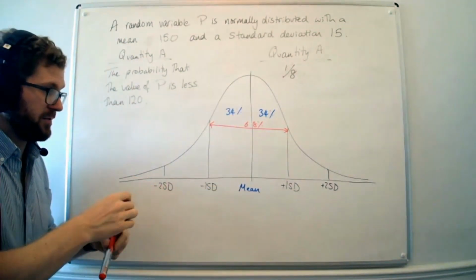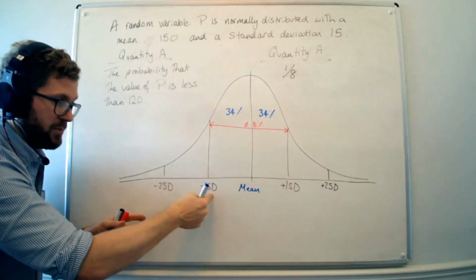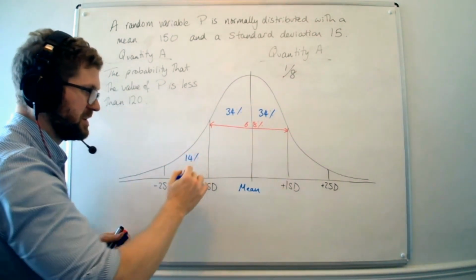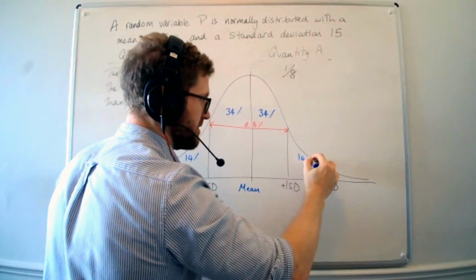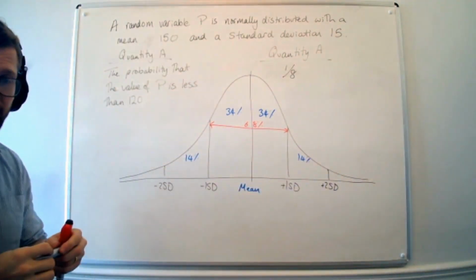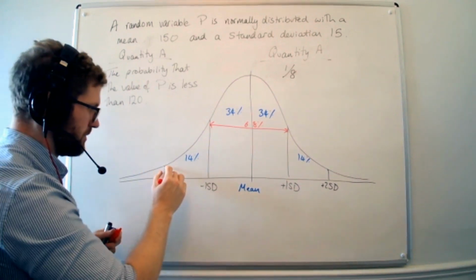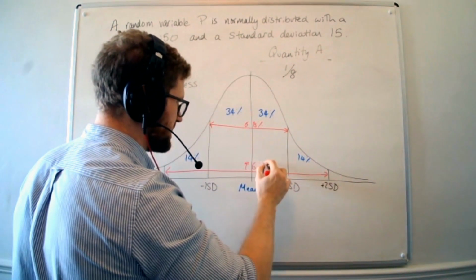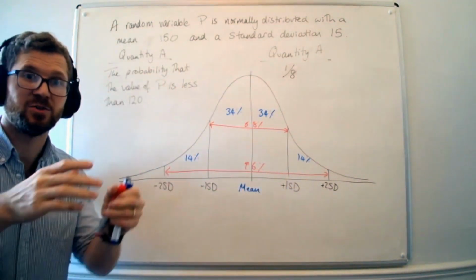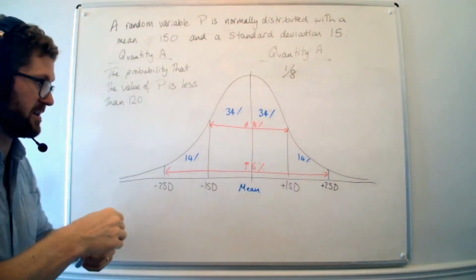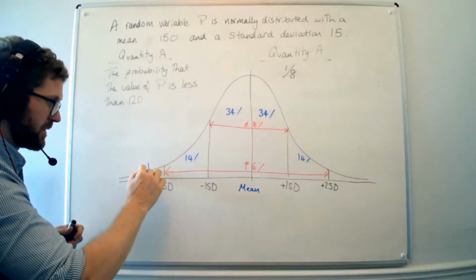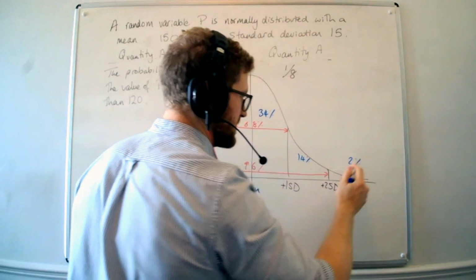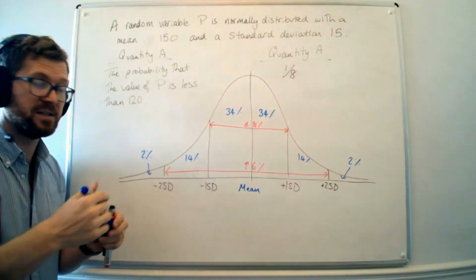Now we can go a little bit further. In this gap between one and two standard deviations out from the mean, I've got 14% of the data. And same on this side, 14% of the data over there, which means that in total, what the GRE wants us to work with is that 96% of the data is going to be within two standard deviations out from the center, which leaves us with 2% in each tail that's greater than two standard deviations out from the mean.